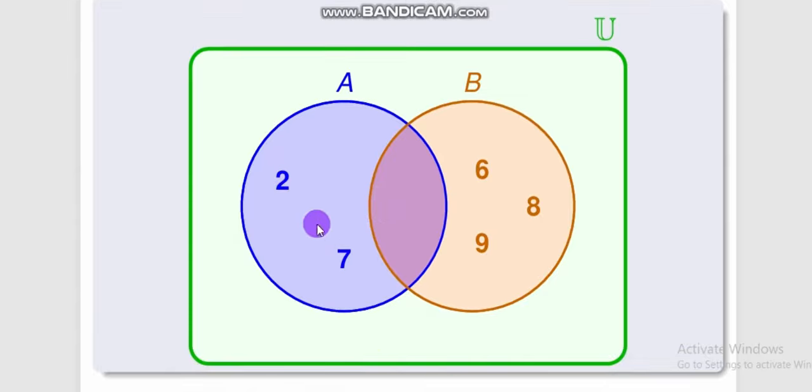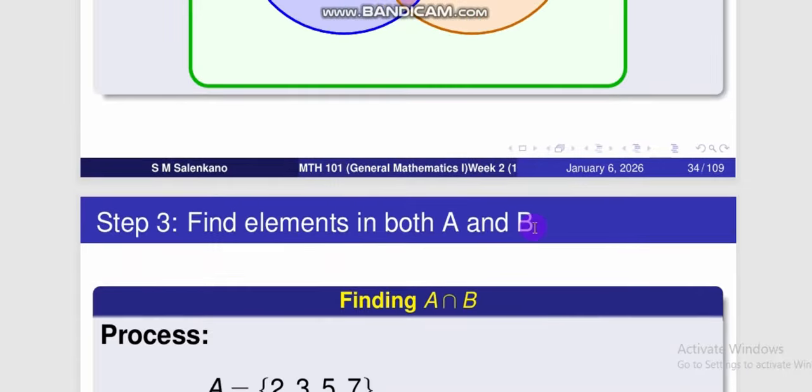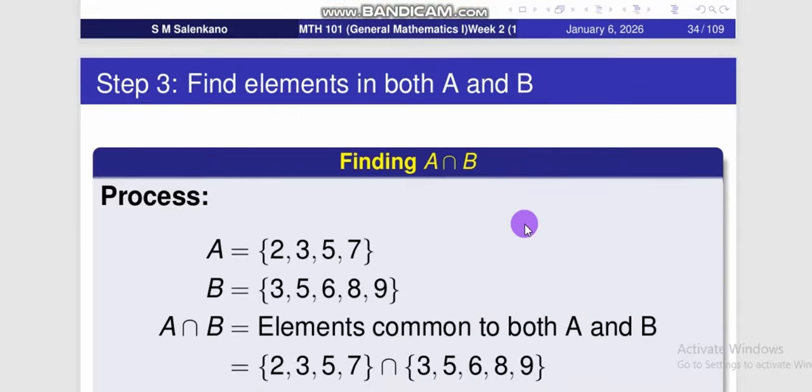So I got elements that are in A only, I got elements that are in B only. Now the next thing I am going to do is to find elements in both A and B. How can I get the elements in both A and B?